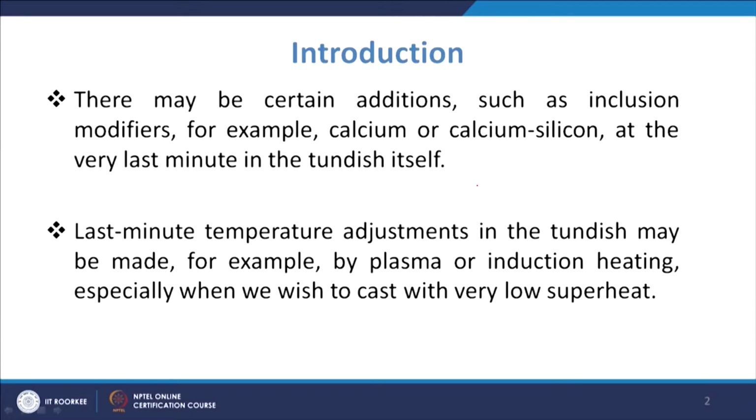The ultimate aim is that inclusions should be minimum in the melt. Another aspect is temperature adjustment in the Tundish. From the Tundish the steel goes directly to the mold, and if the temperature becomes very low, that may affect the quality of the cast, because it has to go into the mold and then solidify.